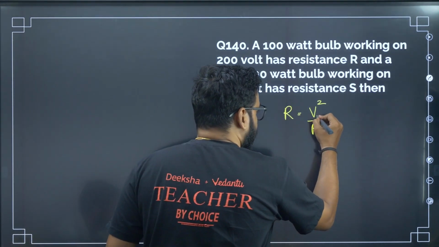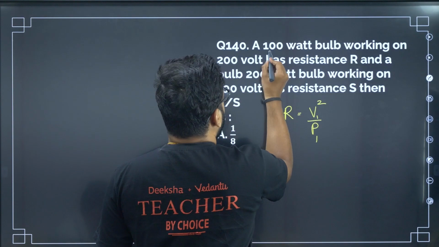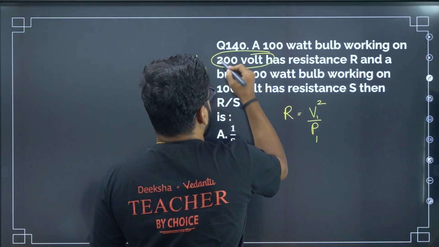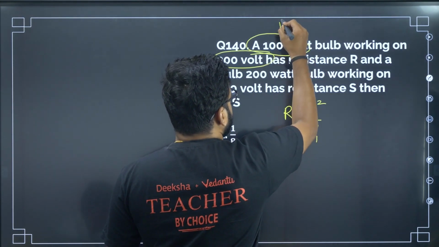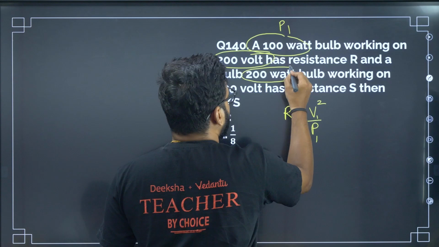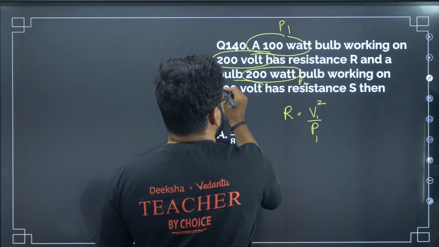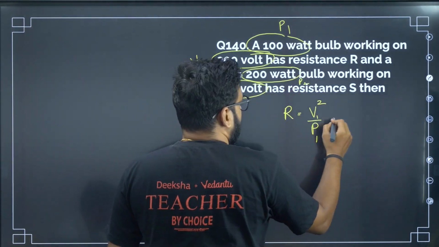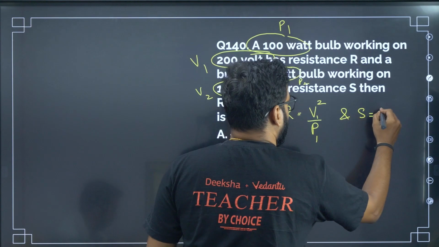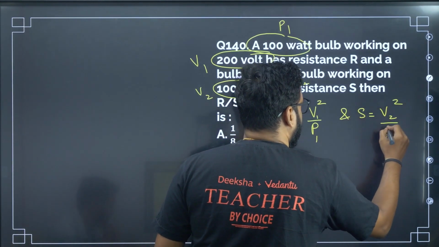Let's name them V1, P1, P2, and V2. And S is equal to V2 square by P2.